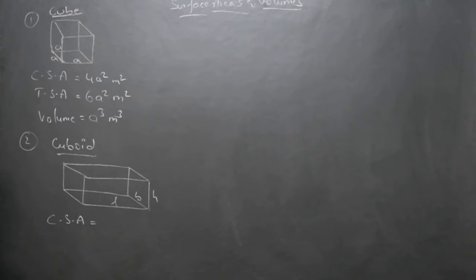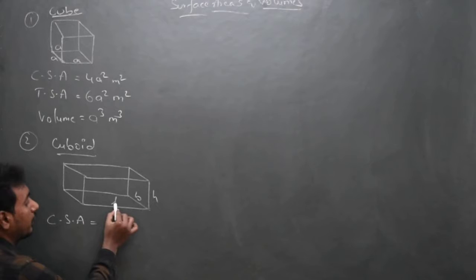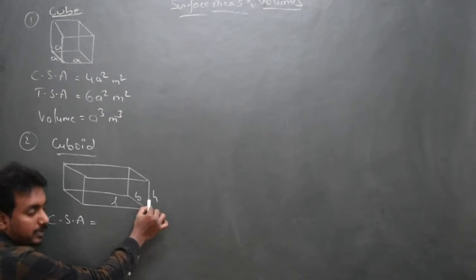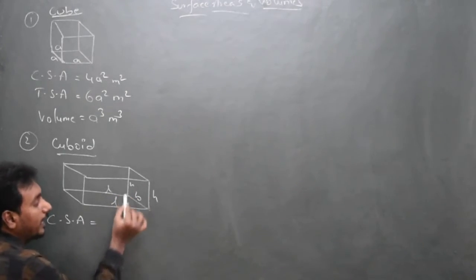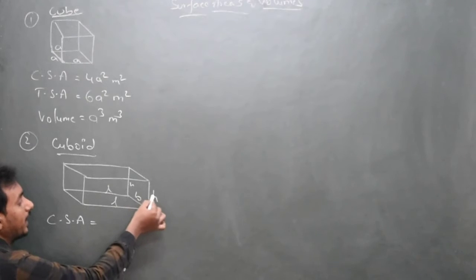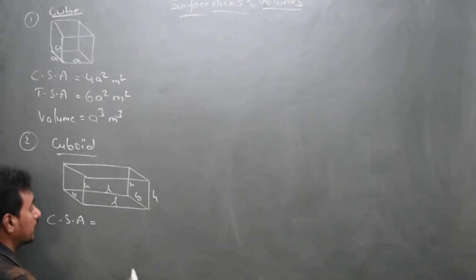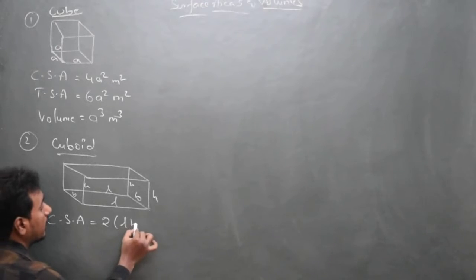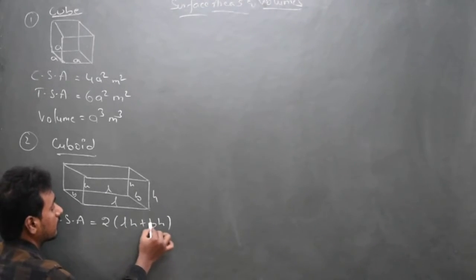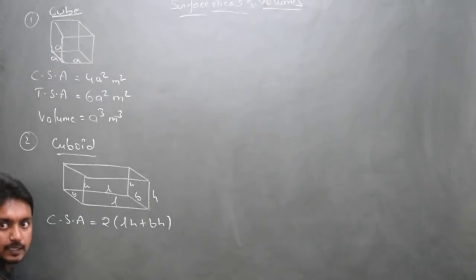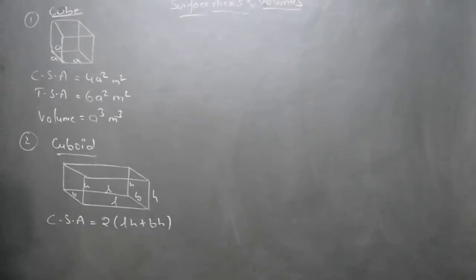So tell me curved surface area. So curved means it's going to be length into height, front face, back side also length into height, side face breadth into height, breadth into height. Correct? So it's going to be 2 into LH plus BH. This is curved surface area or lateral surface area.